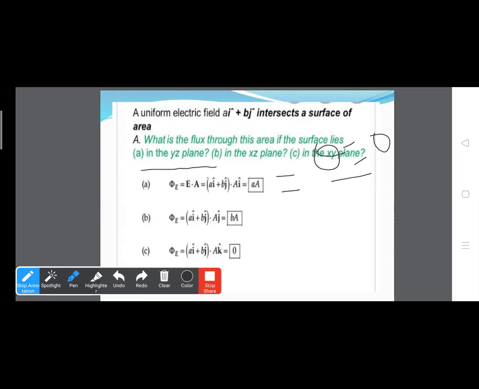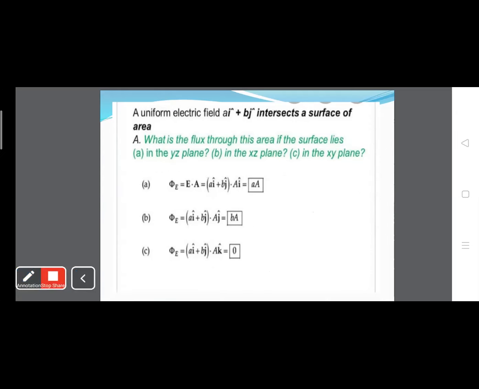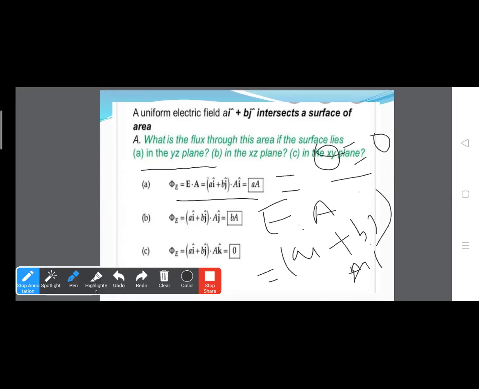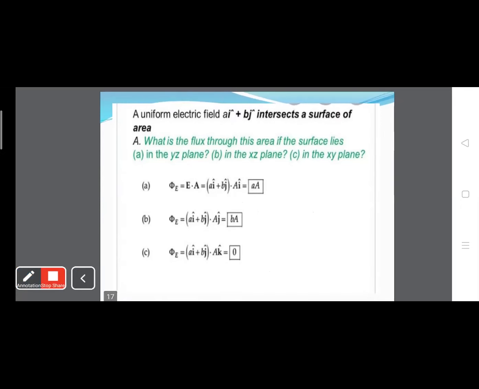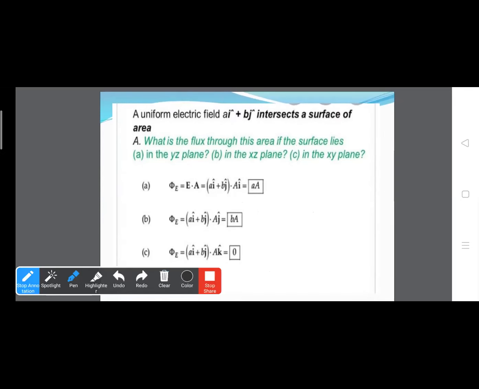So we can write E dot A equals a I plus b J dot A I. Multiplying these two quantities, we already discussed vector products: I dot I equals J dot J equals K dot K equals 1, and I dot J, J dot K, and K dot I equal 0.